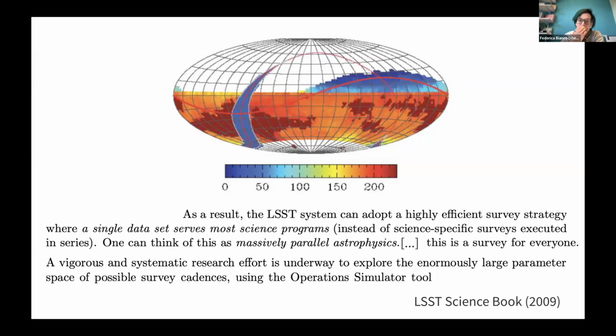There was a tentative survey strategy, which you see at the top: the footprint that was designed at the time, and the number of images that you would take on each element of the footprint. This was a sort of, I'm going to call it naive, with no offense to our early directors and our early teams, straw person plan for how Rubin will observe the sky.